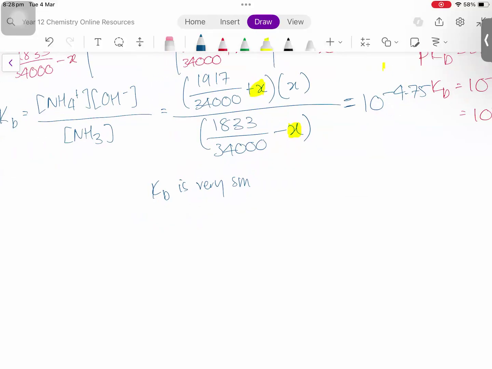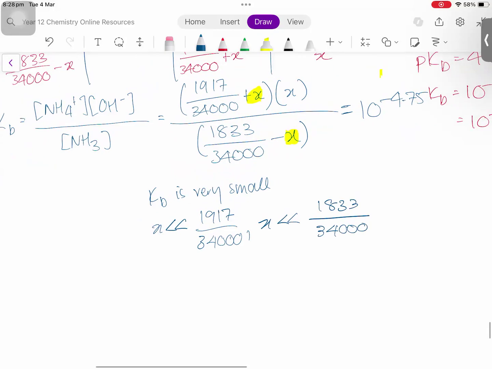Because Kb is so small, x is going to be way smaller than this one, and x is also way smaller than this one. So then what that means is I can neglect these two.